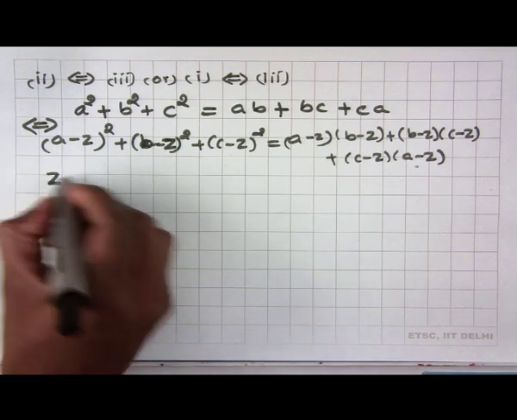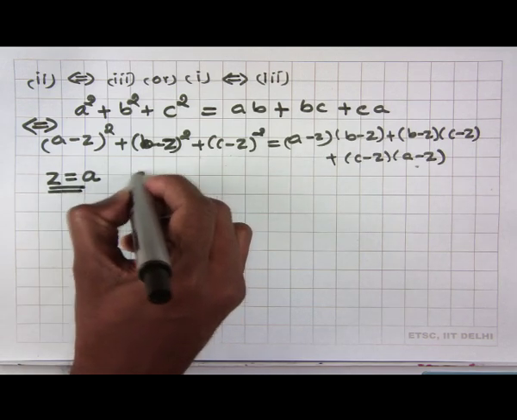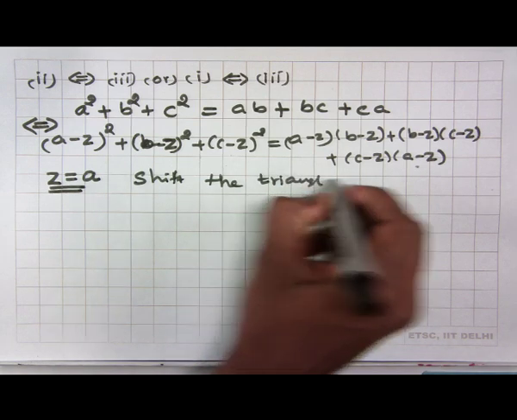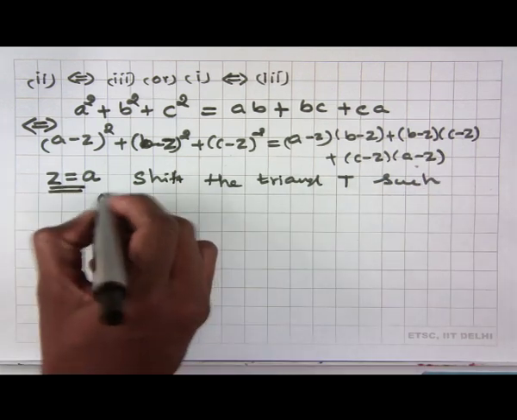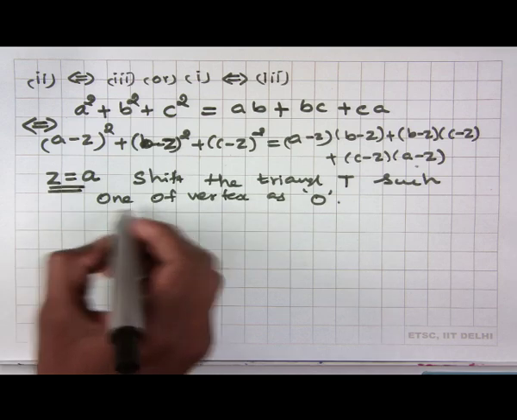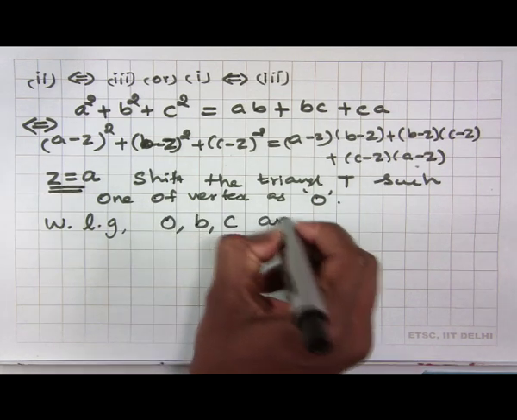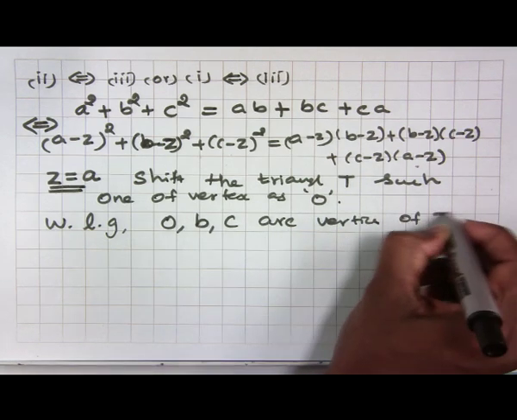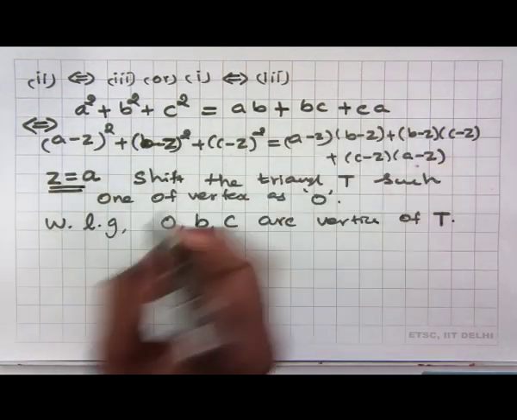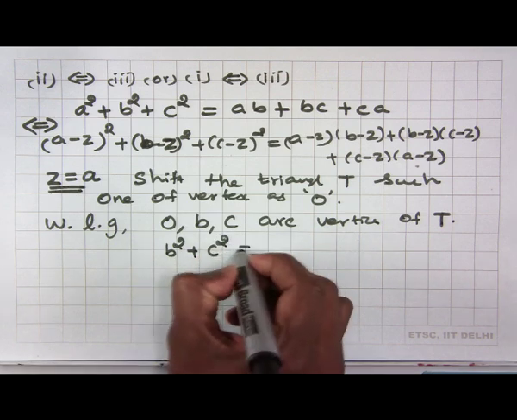The simplest choice is to make the change Z equal to A, which means shift the triangle T such that one of the vertices is 0. So without loss of generality we can assume 0, B, C are vertices of T. Which means that it satisfies the given equation, that is B square plus C square equals BC.